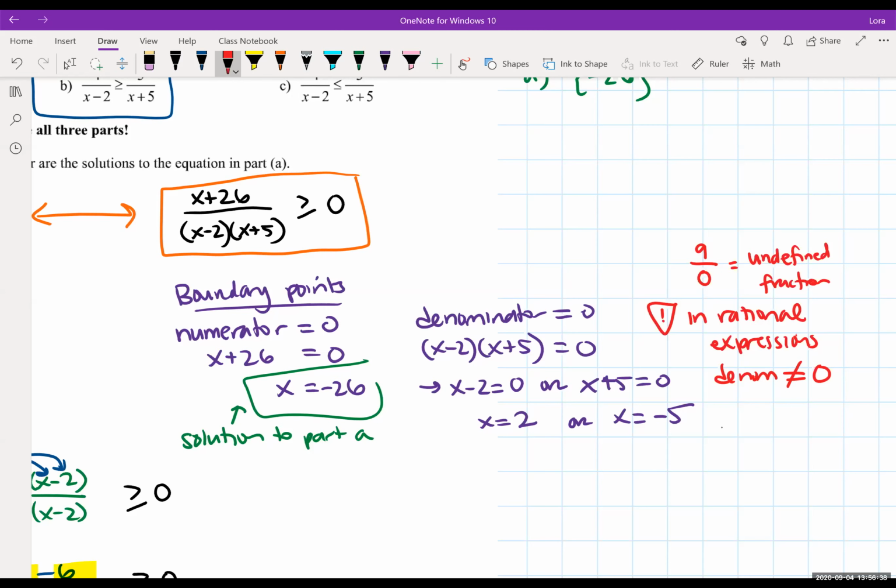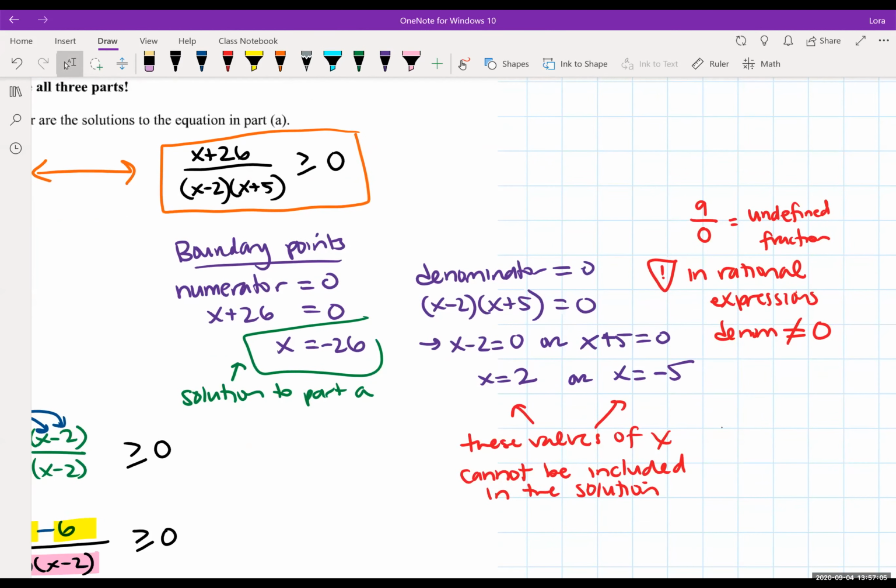So even though we have some boundary points, these will never be included. These values of x make the denominator 0, so they cannot be included in the solution. And what we mean by including in the solution, boundary points work as such. They're bounds. Sometimes they are included, maybe in the last examples we were dealing with, where they talk about endpoints of regions, so we actually include them.